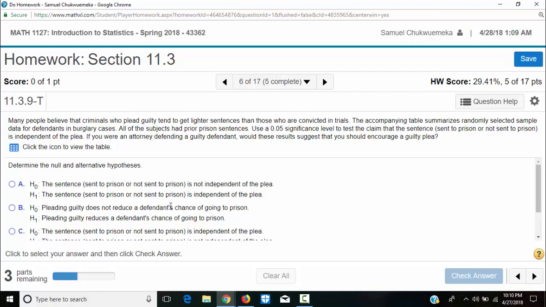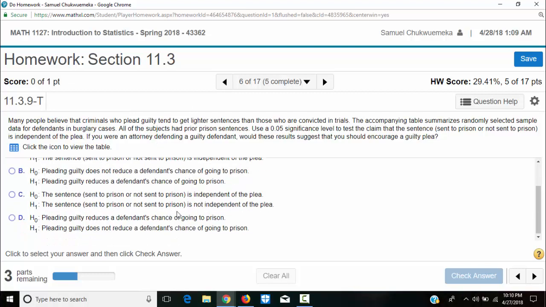So the null hypothesis here, it says use a 5% significance level to test the claim that the sentence is independent of the plea. So the null is that the sentence is independent of the plea. The alternative is that the sentence is not independent of the plea.